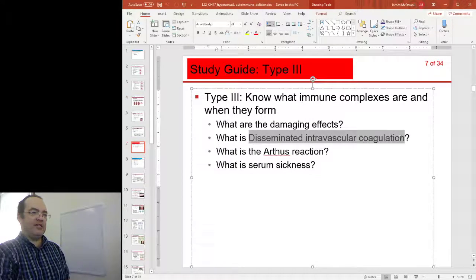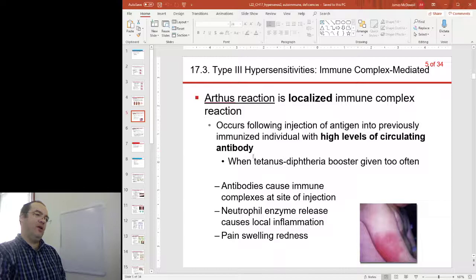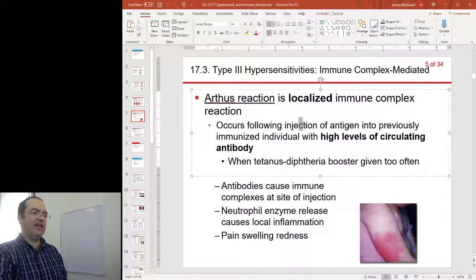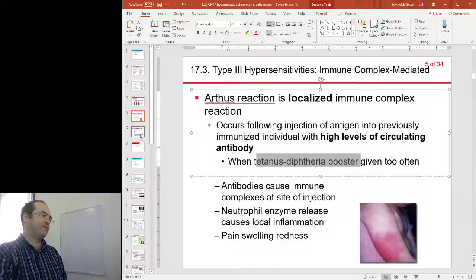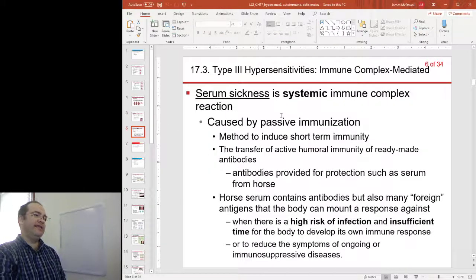Disseminated intravascular coagulation, we've talked about that a couple of times. Arthus reaction, a localized reaction when you get an injection of antigen. A good example is a tetanus diphtheria booster given too often. And then serum sickness is a systemic condition caused by immune complexes.